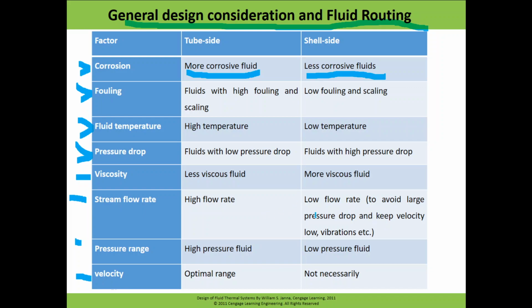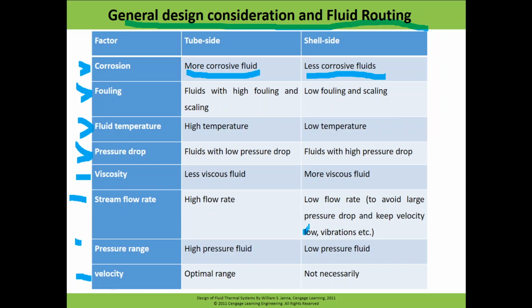And why is it so? The reason is that on the tube side, the fluid is flowing on a straight path. The tubes are straight and the fluid moves from one end to the other, whereas in the shell the fluid basically flows in a zigzag manner.